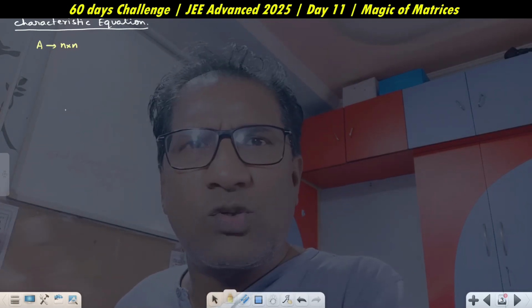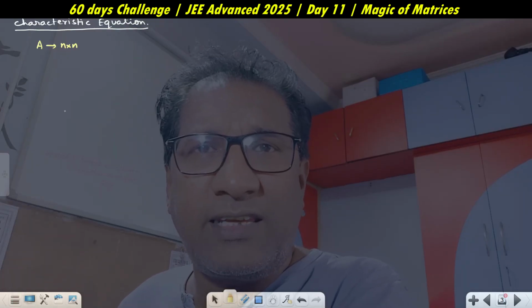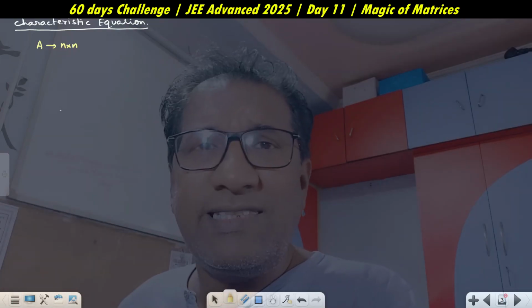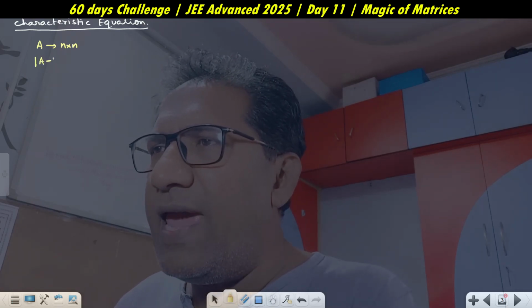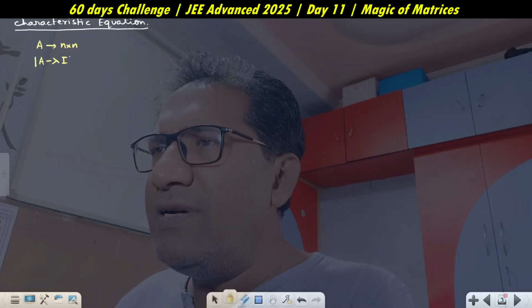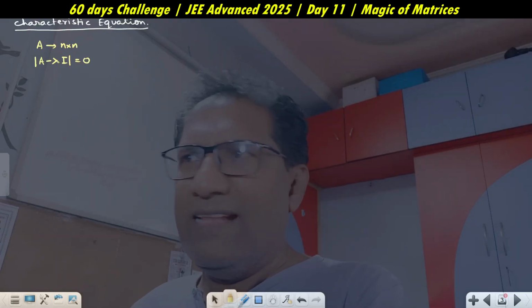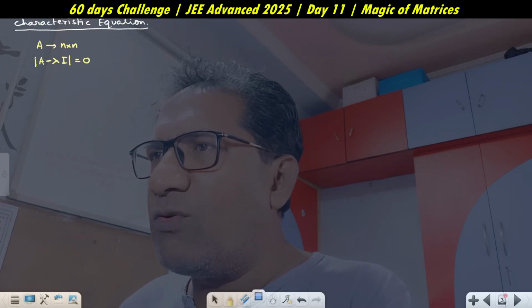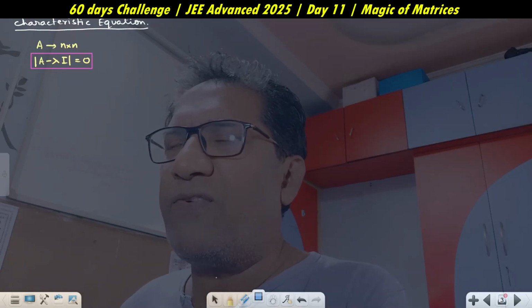So A is a square matrix and it has its own characteristic equation. And what is that characteristic equation? It is determinant of A minus lambda I equals 0, where I is the identity matrix and lambda is a scalar. This is the characteristic equation of any square matrix A of any order.